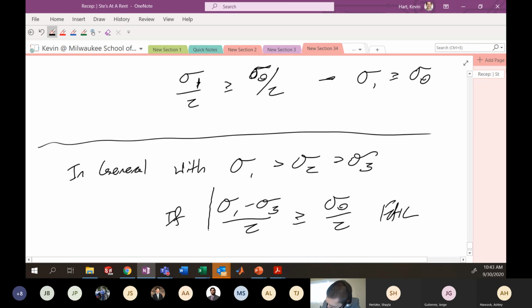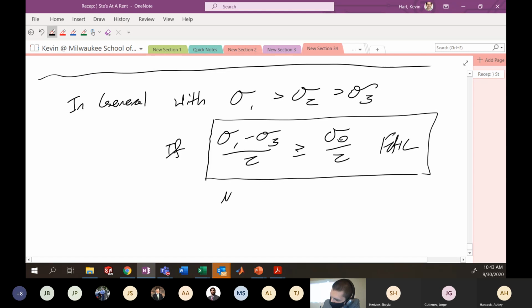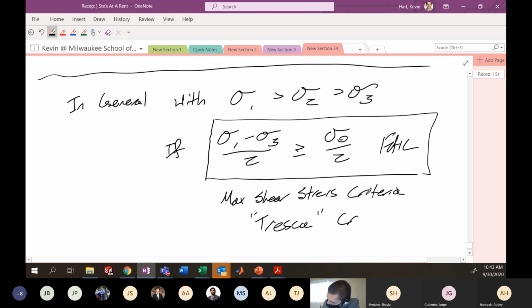That's really all you have to know. This is the max shear stress criteria, or sometimes called the Tresca criteria.